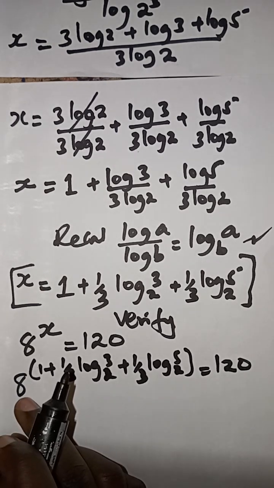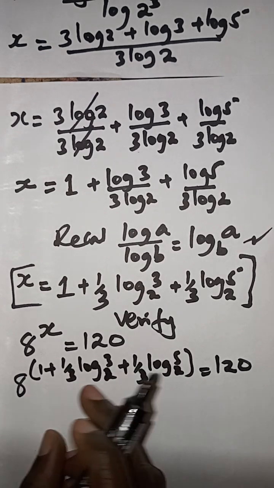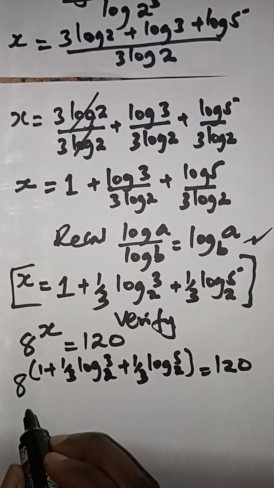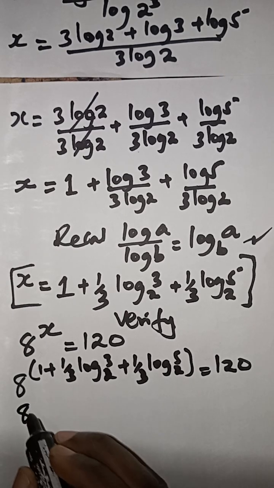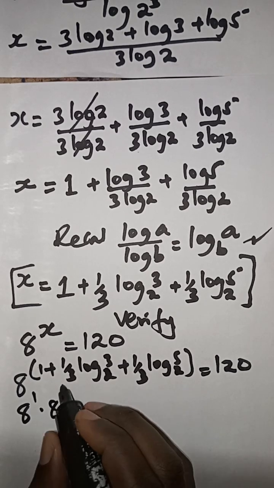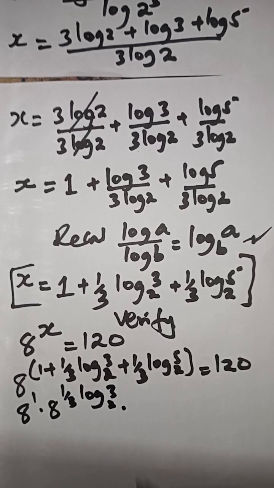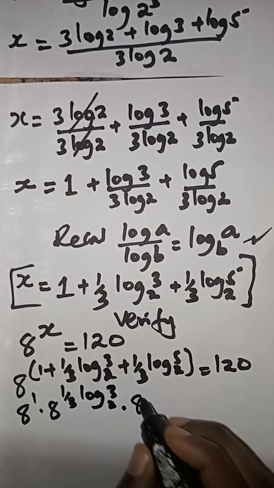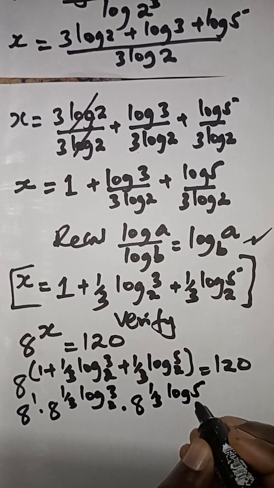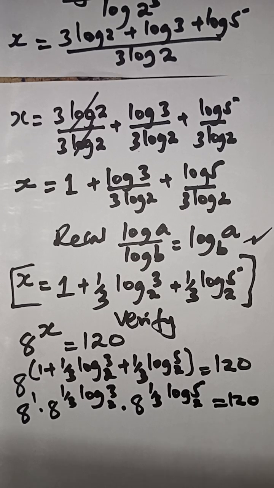I can decide to separate all this by multiplying their bases. So it's going to be 8 to the power 1 multiplied by 8 to the power a third of log of 3 base 2 multiplied by 8 to the power a third of log of 5 base 2 should give us 120.